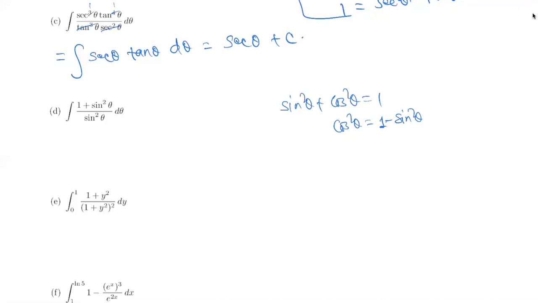So there is no formula for 1 plus sine squared theta. Any idea what we did earlier when we had a fraction? We split it into two. Break it apart. That's another hope. I don't know whether that works, but we'll try. So that's 1 over sine squared plus sine squared over sine squared, which is 1.